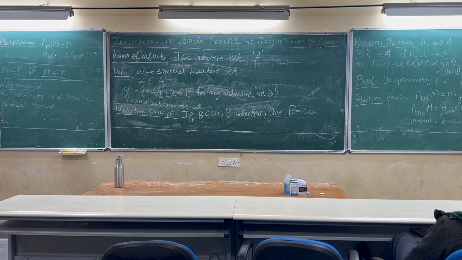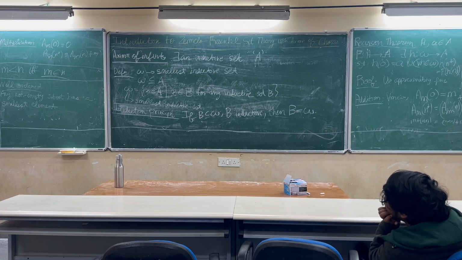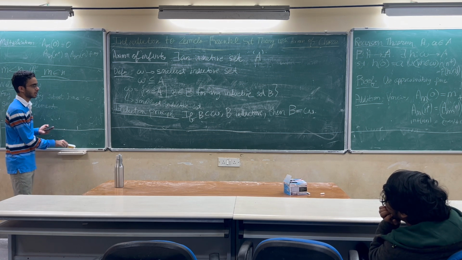This is another result which can also be proven from the axioms, and this is a result which we also use all the time, and this is also done by using some sort of induction. So you can look this up, you can try proving this later.